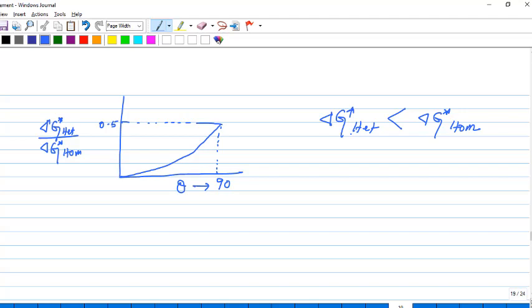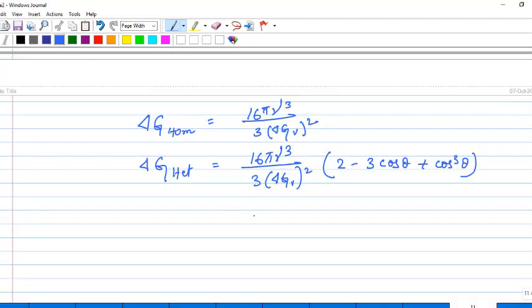Okay, so from here you can easily see that delta G star heterogeneous is going to be much smaller compared to delta G star homogeneous, right? And as a result of that, when you have heterogeneous nucleation sites, more number of nuclei can easily form compared to the homogeneous case, right?